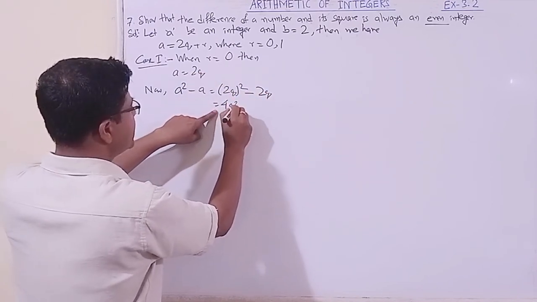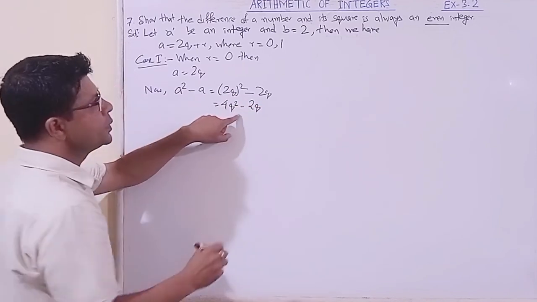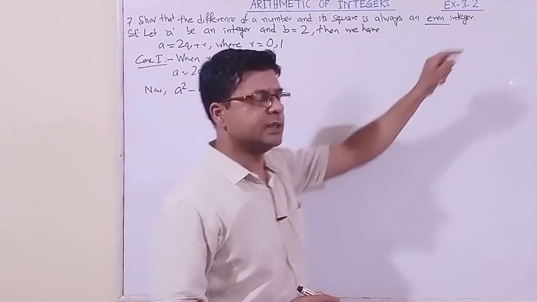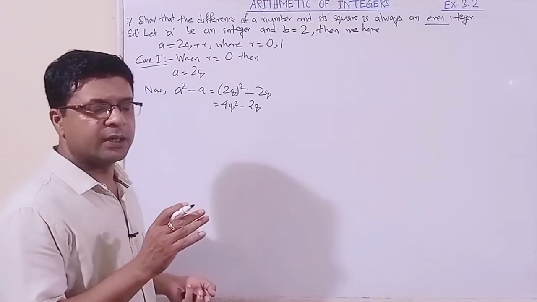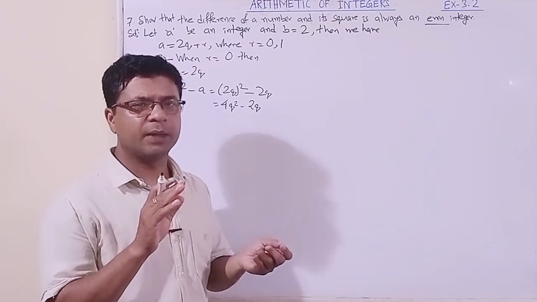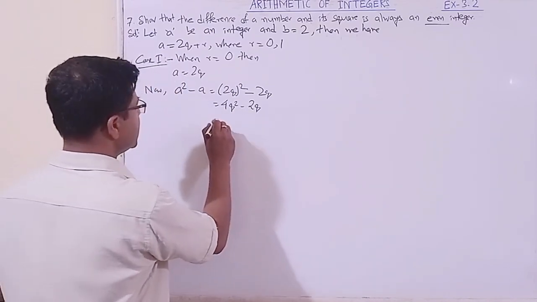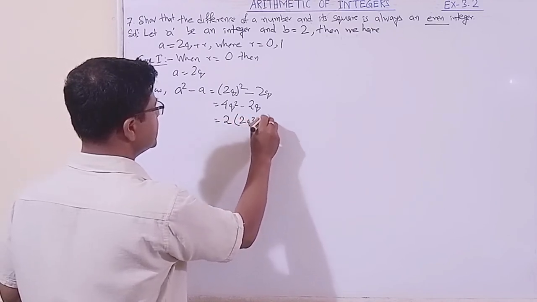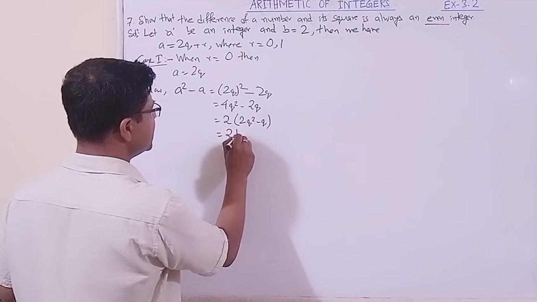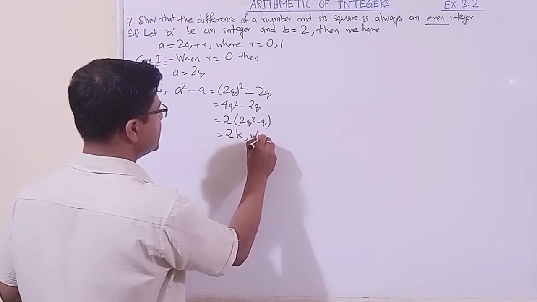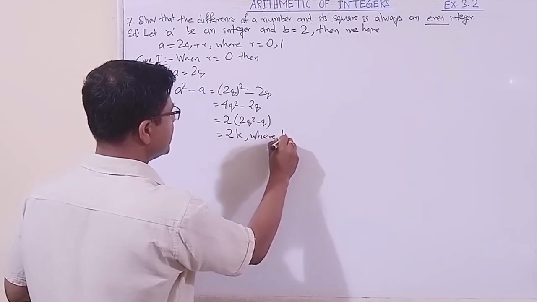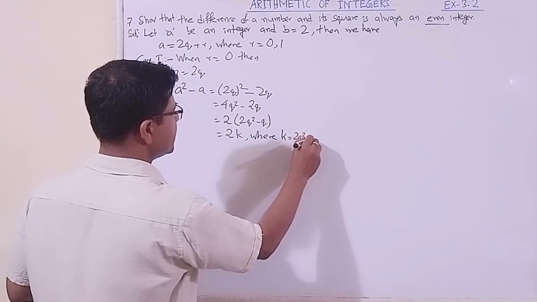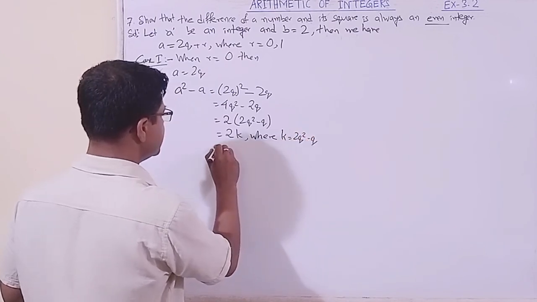This is 4q square minus twice q. We have to show that this is an even integer. How can we show an integer is even? If it is a multiple of 2. So let us take 2 common here. So this is 2 times (2q square minus q). Suppose this is 2 into something, k, where k is equal to 2q square minus q.